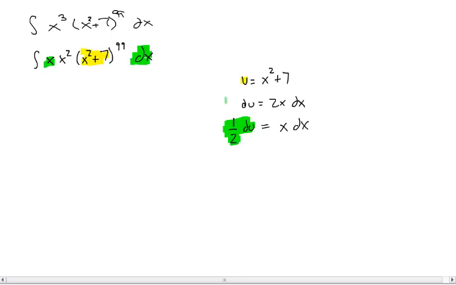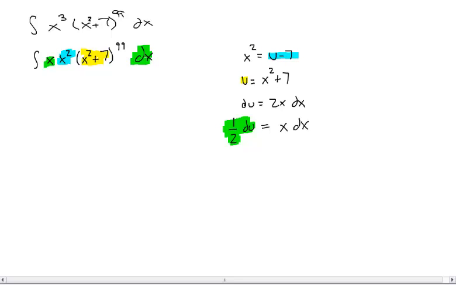So now the only thing we have remaining that we haven't substituted for is x squared. And I'm going to come to this u equals x squared plus 7, and I'm going to solve for x squared. So I'm going to say x squared is equal to u minus 7.